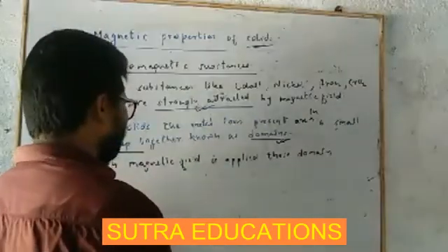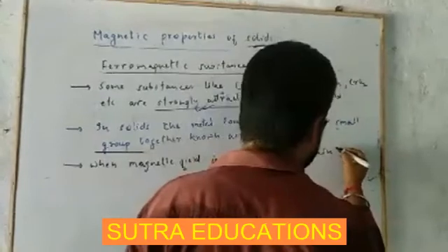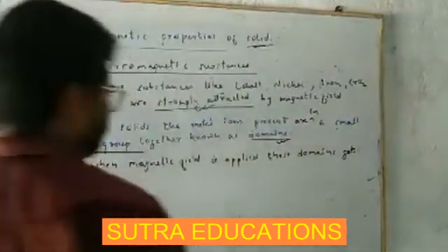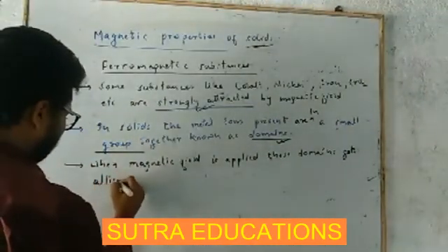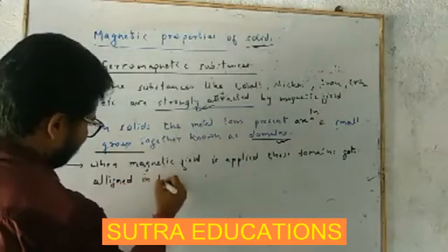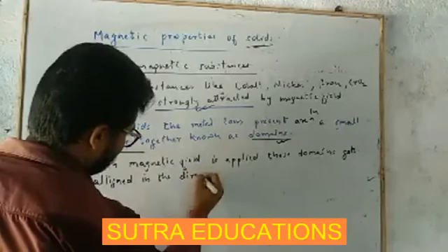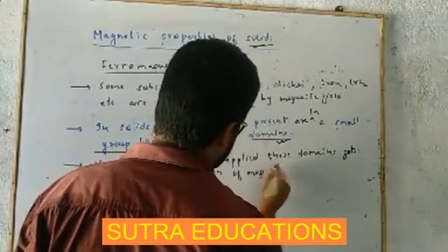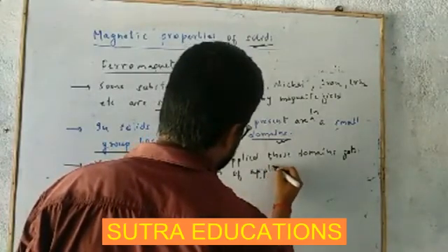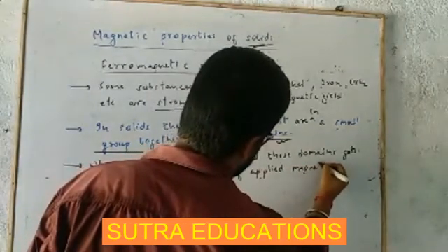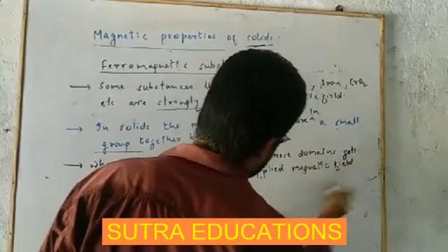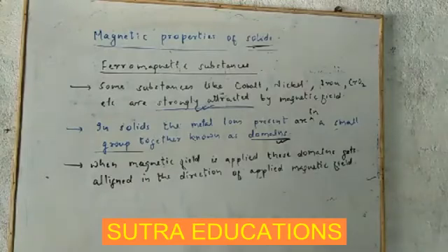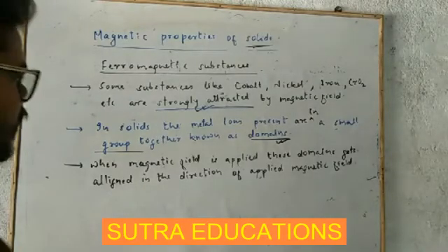So when magnetic field is applied, these domains get aligned in the direction of applied magnetic field.